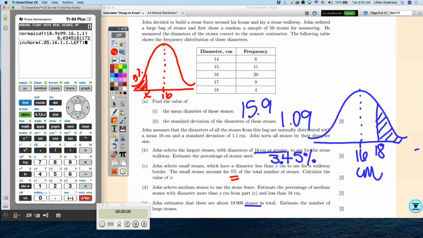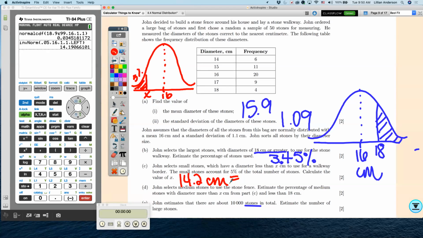You go to paste. So the X value is going to be 14.2. So stones that have a diameter of 14.2 centimeters make up 5% of the total. Anything less than 14.2 makes up 5% of the total number of stones. Questions on that?